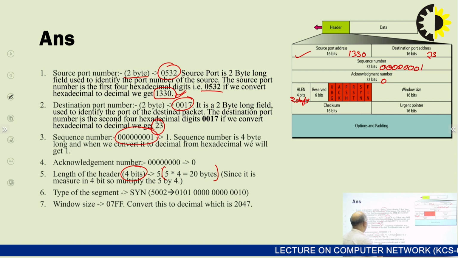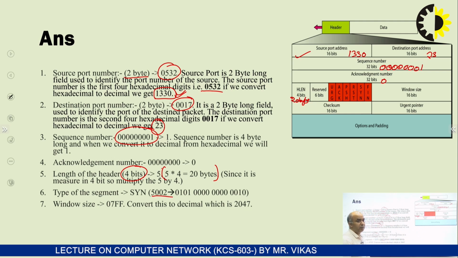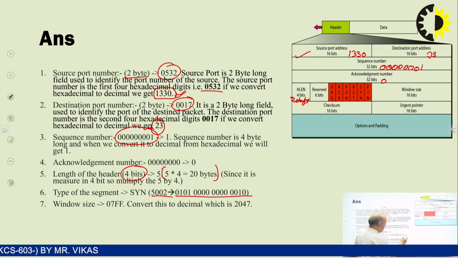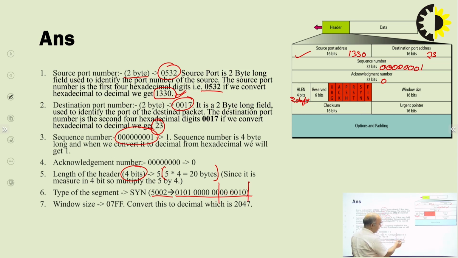Now, we have to identify the flags, and this 5002 has to be converted into binary numbers. In order to convert it, this will come here, and we have taken 6 bits into consideration for the flags: 1, 2, 3, 4, 5, 6.